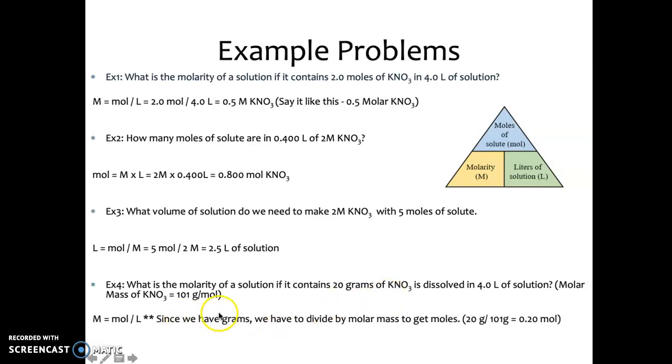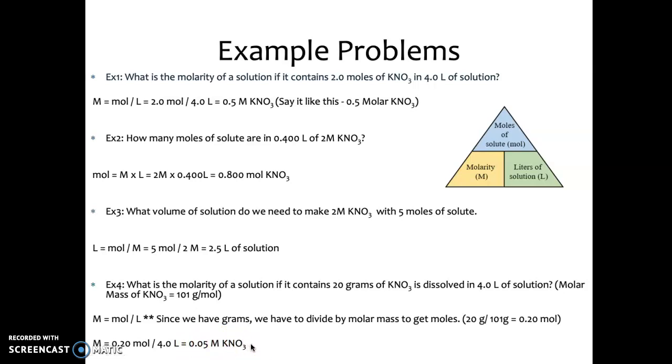So since we have grams, we have to divide by molar mass to get moles. So 20 grams of potassium nitrate divided by the molar mass, 101, gives me 0.20 when I round. Now I have moles. Now I have liters. So I can just plug them in. 0.20 moles divided by 4 liters gives me 0.05 molar potassium nitrate.